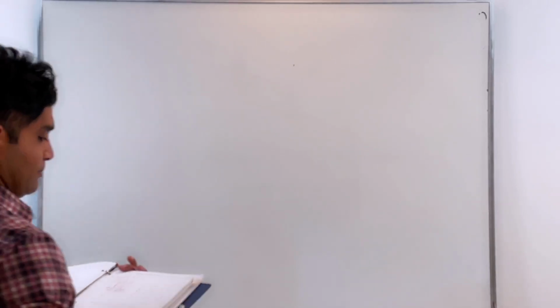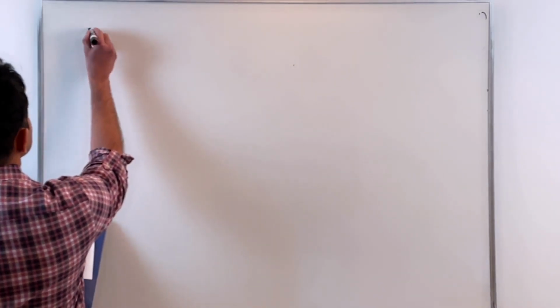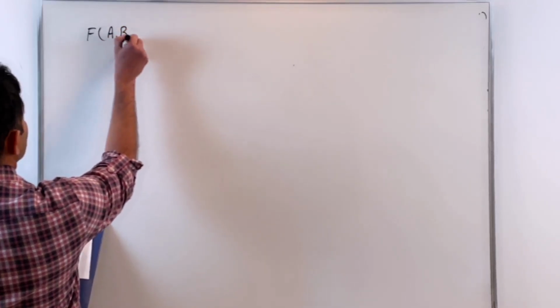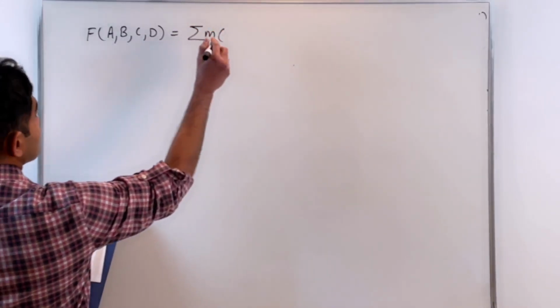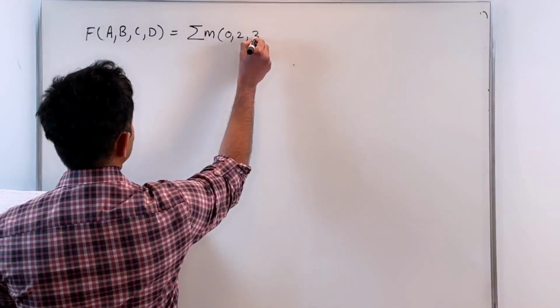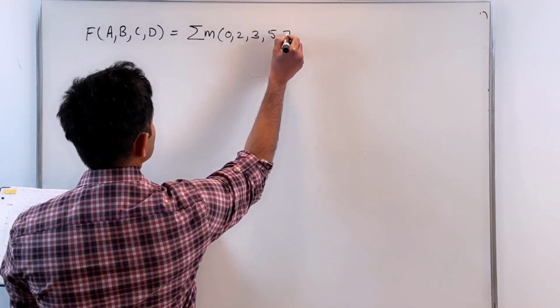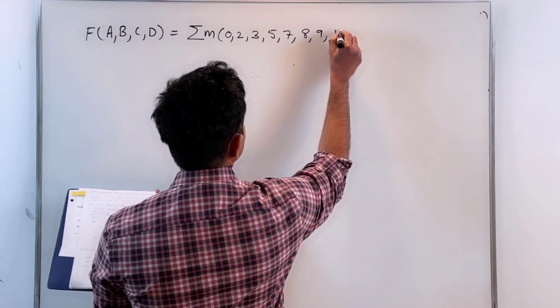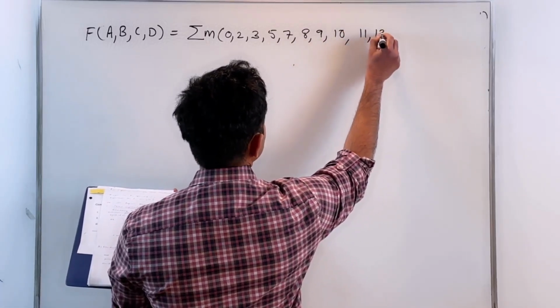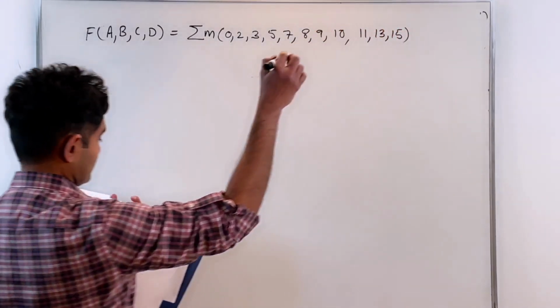Meantime, let me put down the problem. And this particular question would answer that. Here's the problem: given A, B, again a 4-input function given as sigma m 0, 2, 3, 5, 7, 8, 9, 10, 11, 13, 15.